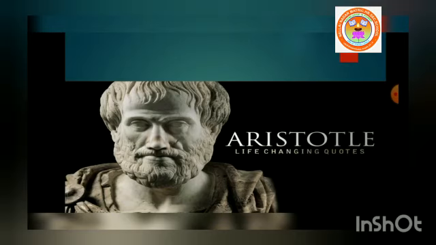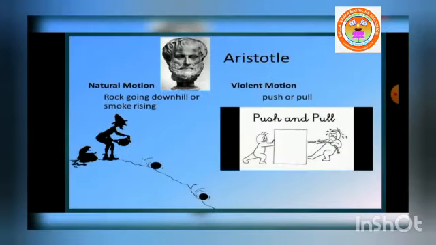According to Aristotle, a Greek philosopher and scientist, the natural state of earthly bodies is rest. He stated that a moving body naturally comes to rest without any external influence of force.